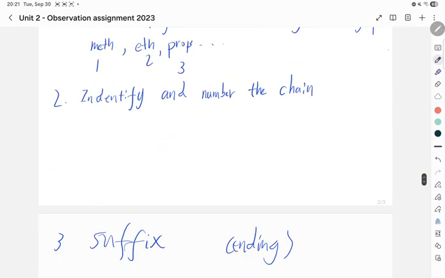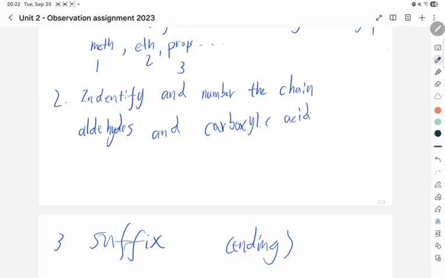For the second step, we need to identify and number the chain. We number the carbon atoms such that the functional group carbon gets the lowest possible number. For example, for the aldehyde and carboxylic acid, it is always carbon 1 because they must be at the end of the chain.